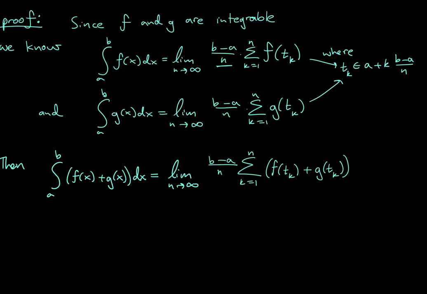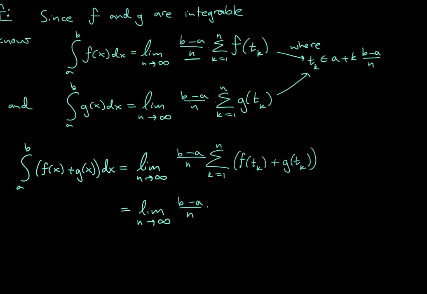But this is the same thing as the limit as n approaches infinity of (b minus a)/n, and this is a finite sum. So all I'm about to do is use the associative property and the commutative property. This is equal to the sum as k ranges from 1 to n of f of t sub k plus the sum as k ranges from 1 to n of g of t sub k.